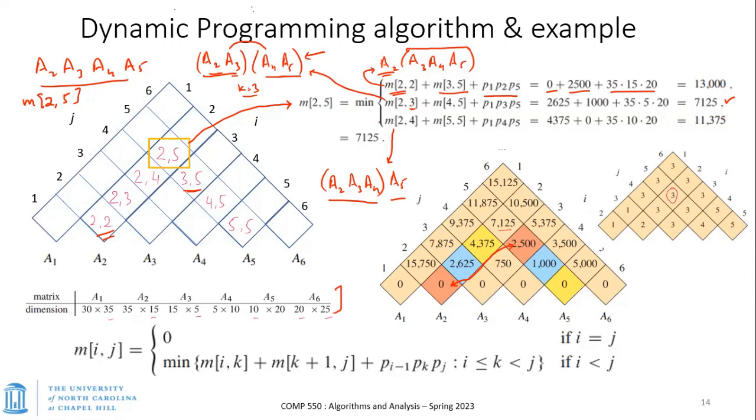So you're comparing 3 results and picking the smallest one. This one is the smallest, and it happens where the boundary is k is equal to 3, where A3 and A4 are being split up. So we memorize the result, which is that k is equal to 3 is the best solution for calculating M2,5.